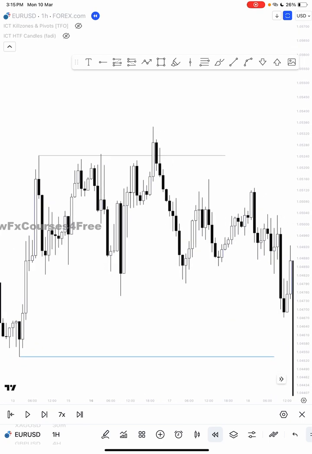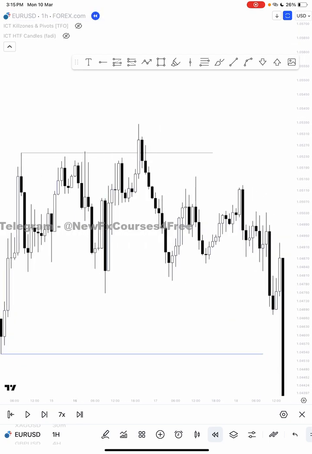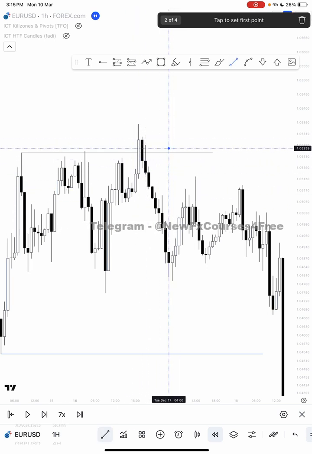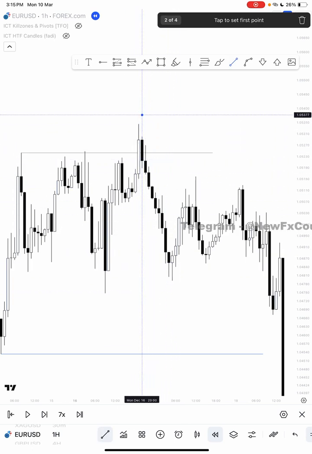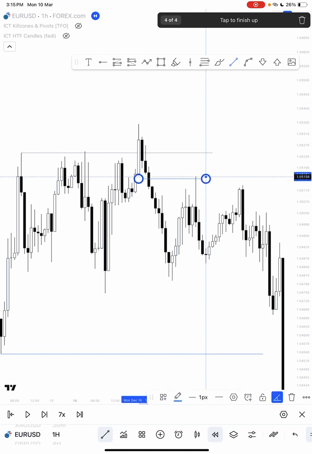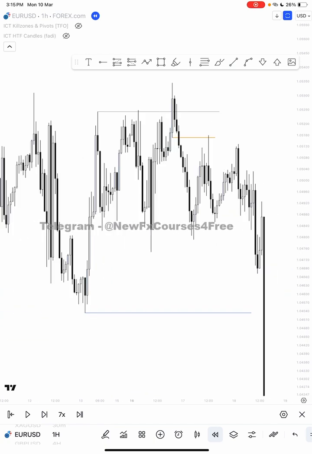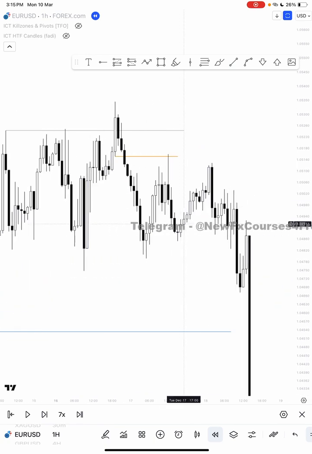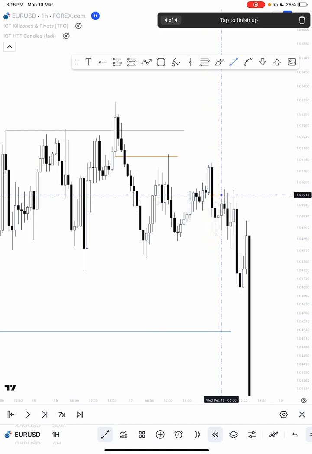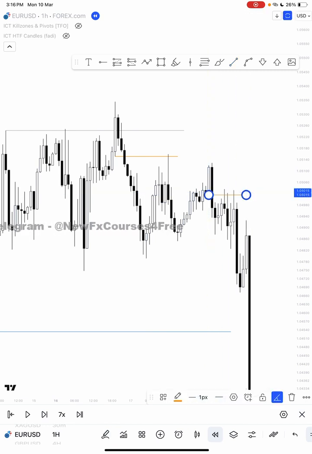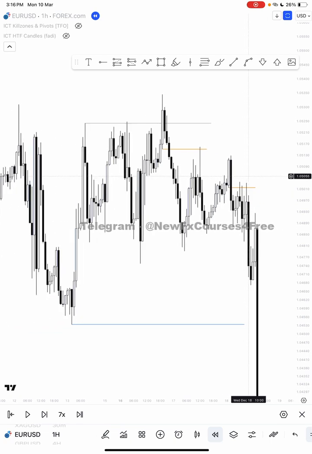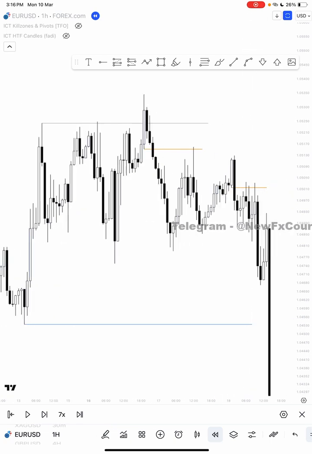So here, range high swept, retracement, first leg of expansion after sweeping range high, then retracement into this order block, and also here as well you got a little consolidation, then you got another order block as well, then you got your retracement into the last order block, then before your second leg of expansion.